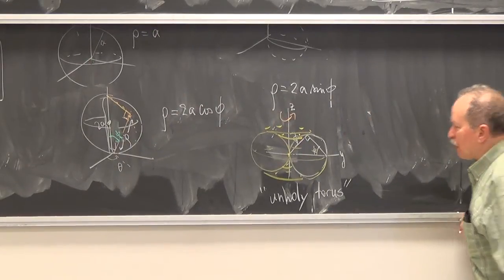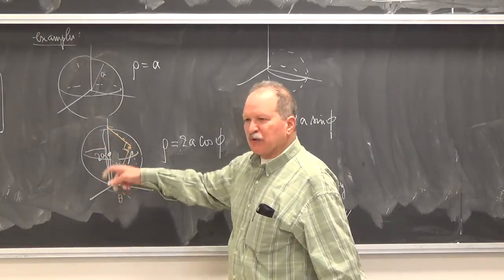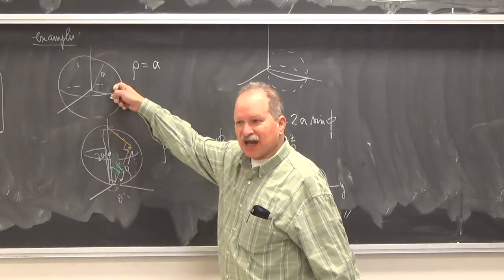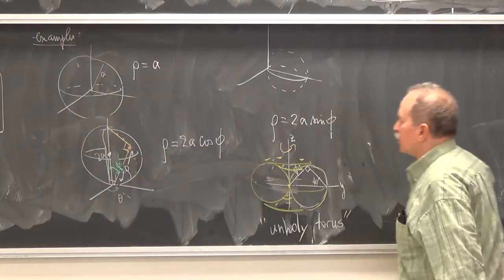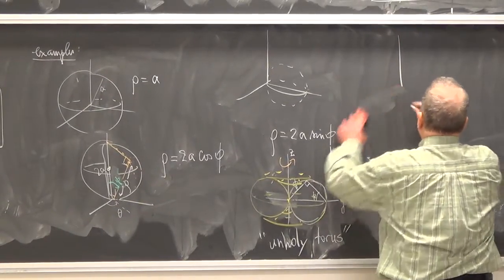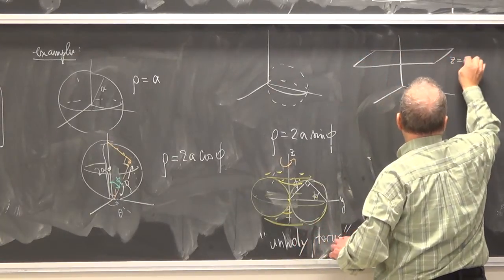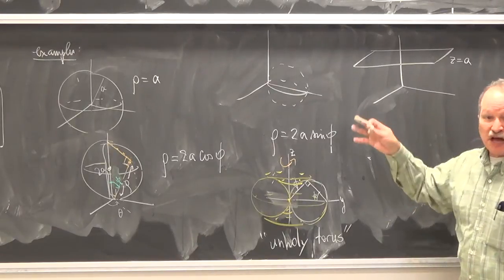Okay, so basically, if we want to do a problem with a sphere passing through the origin, we've got to set the problem up so that we center the sphere on the z-axis. One last example that will be useful. What is the equation of that? It's a horrible mess.